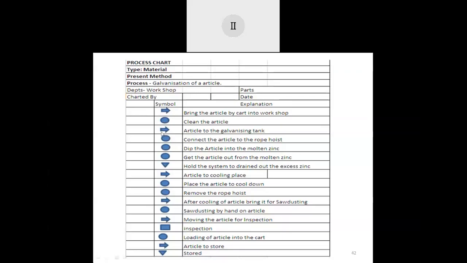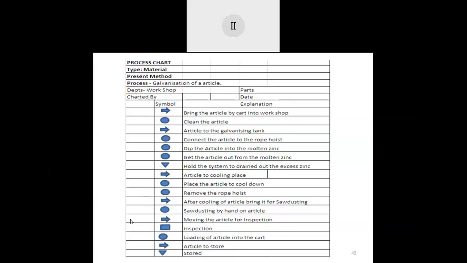Then this triangle means there is some hold, not delay actually, the system will be on hold for a few minutes, that may be due to maintenance or due to other operation. Then this rectangular box is some inspection. And a D type symbol means some delay. And this triangle is also where the finishing part or some holding position, some stored position.